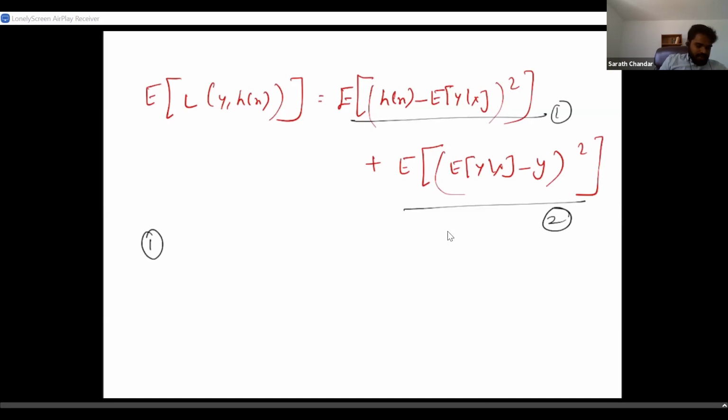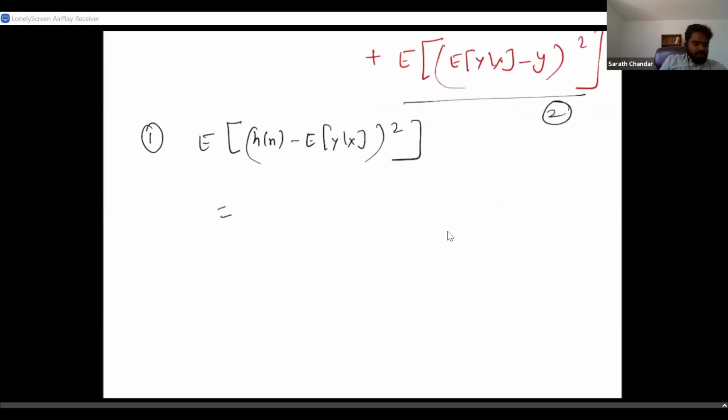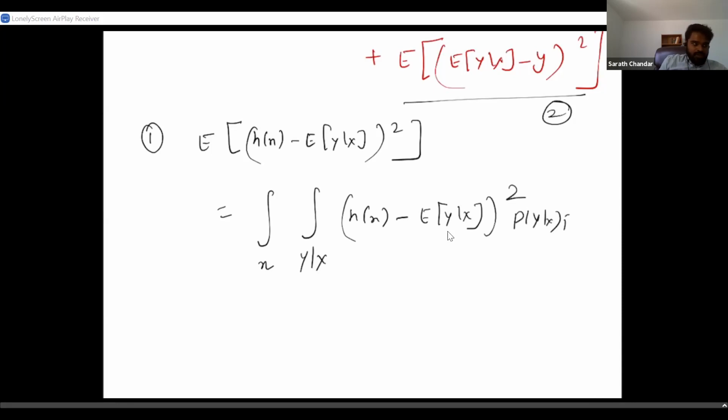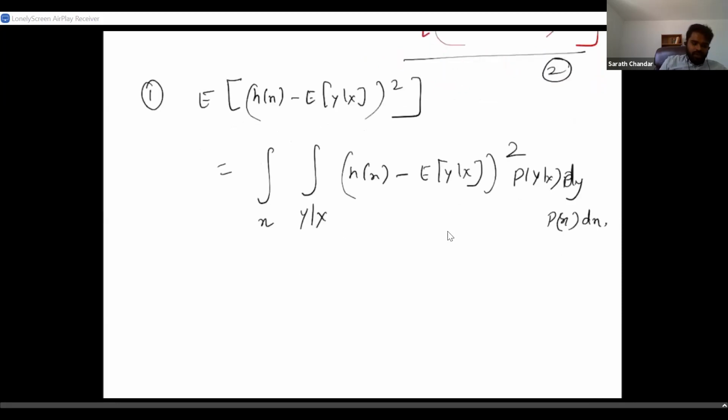The first term, expected value of (h(x) minus E[y|x])^2: let's expand this expectation. This becomes integral over x, integral over y given x, of (h(x) minus E[y|x])^2 p(y|x) dy p(x) dx. Now, can someone tell me what would be the first integral?